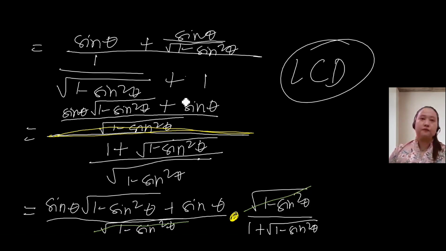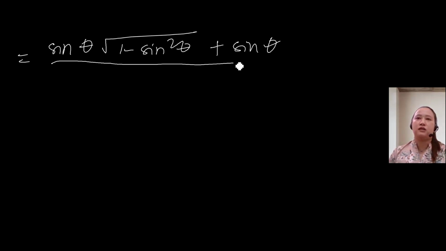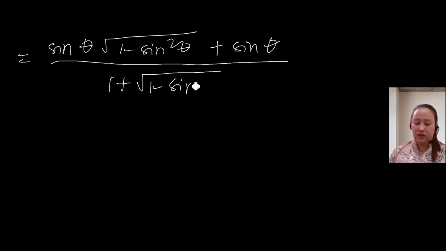So we have sine theta square root of 1 minus sine squared of theta plus sine theta, and then the denominator this time would be 1 plus the square root of 1 minus sine squared theta.